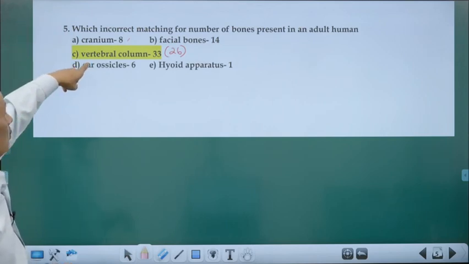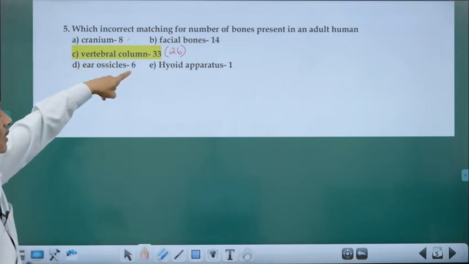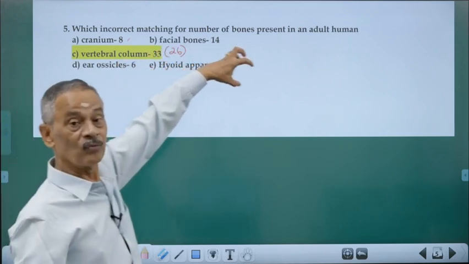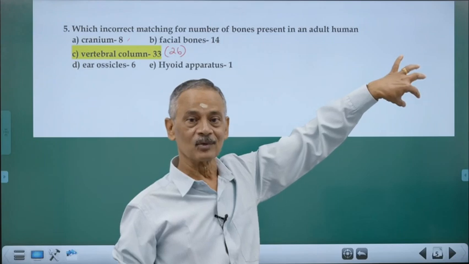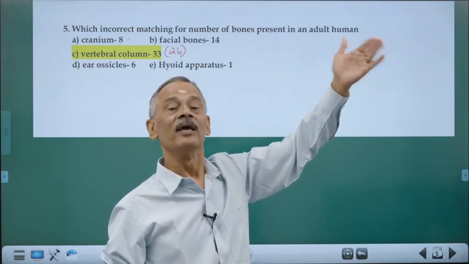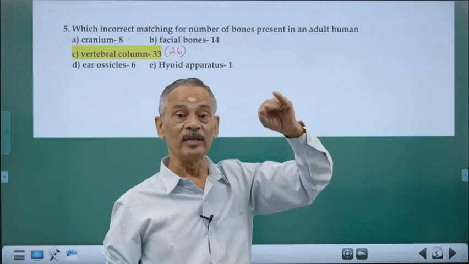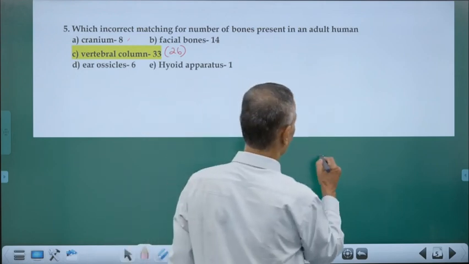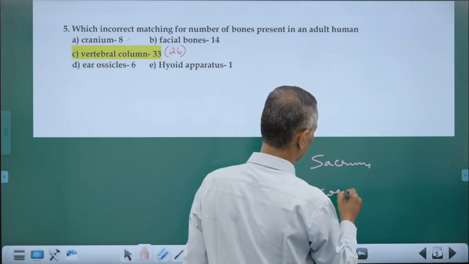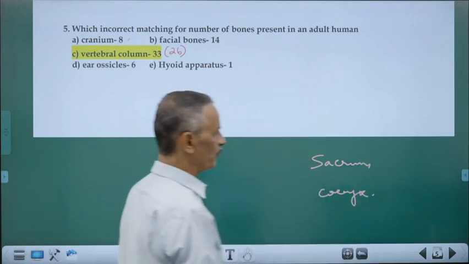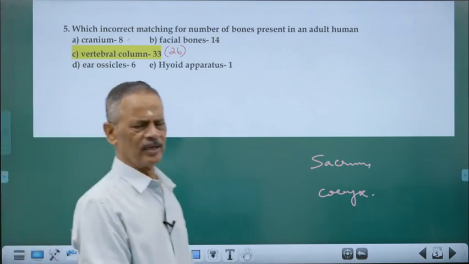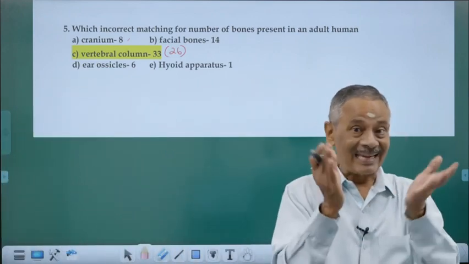Vertebral column, 33 are present in the vertebral column of infants, only in the developing stages. Okay, whereas the bones of the sacrum and coccyx completely fuse. That's why we have to write the formula in bracket.